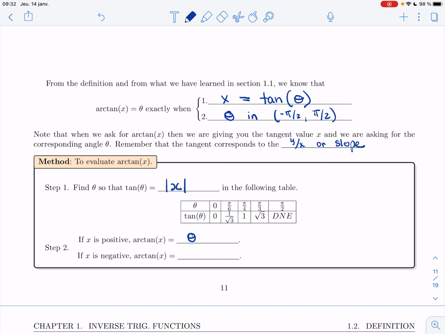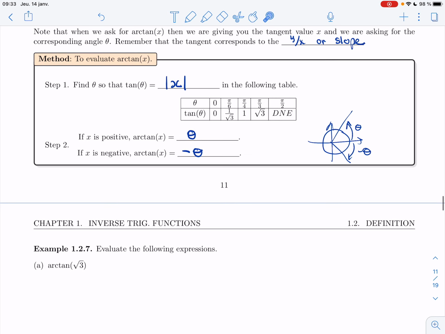If x is negative, then instead of having positive slope here, you want the negative slope, and so you're going to get minus theta. All right, so this is very close to the way we did arcsine. It's just that instead of using the sine row of our table, you're going to use the tangent.